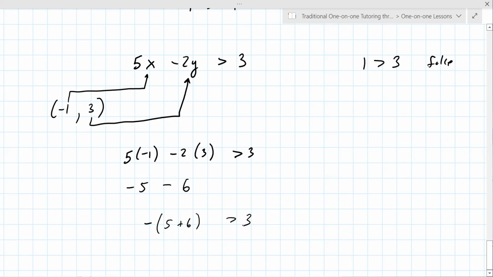What is 5 plus 6? No, that's not what I said. I said 5 plus 6. The negative's on the outside. You have to add first, and then we're going to change the sign. Okay, 11. -11, yeah. Is that greater than 3? No. So this is false. So you got it right again, but for the wrong reason.